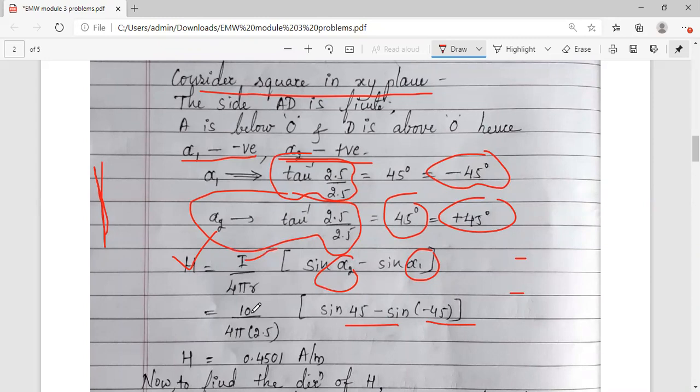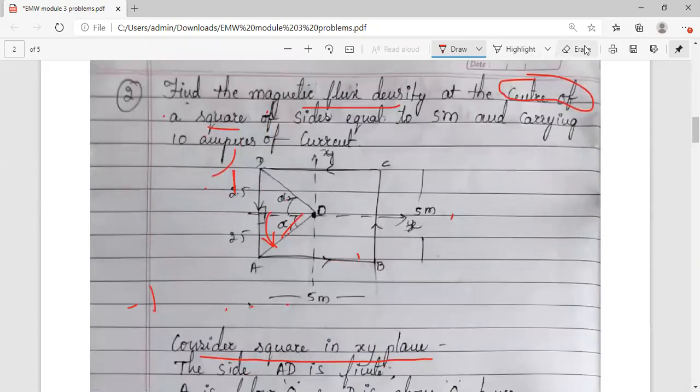I is given as 10 amperes, and 4 pi. The distance r is what? How to find r? If you take such a conductor, this is your point P. Try to go by that theory. This is your point, and this is your rho distance.